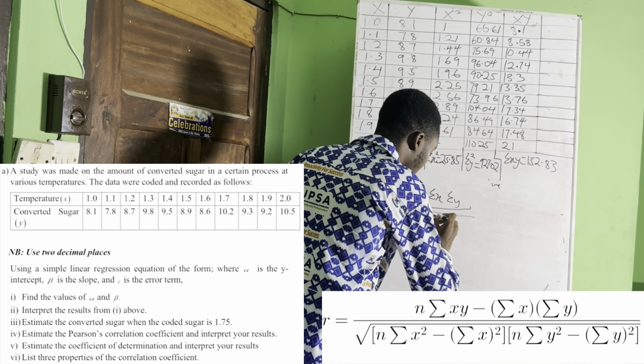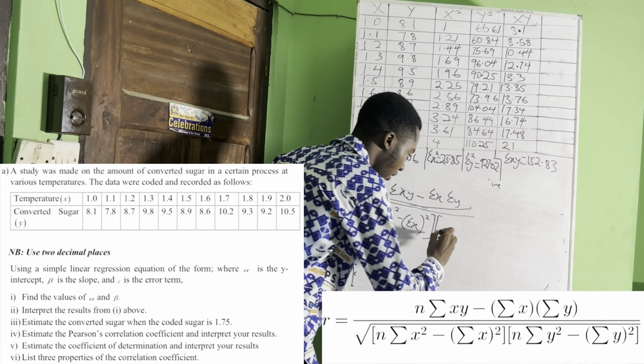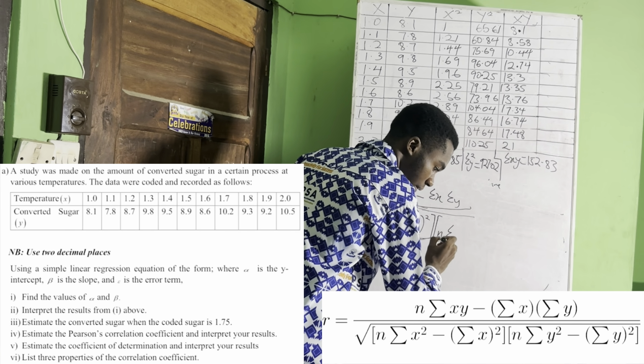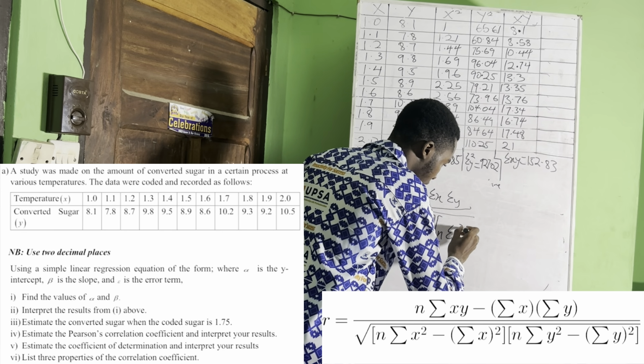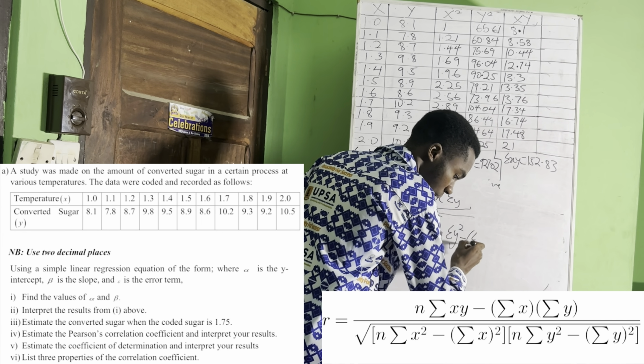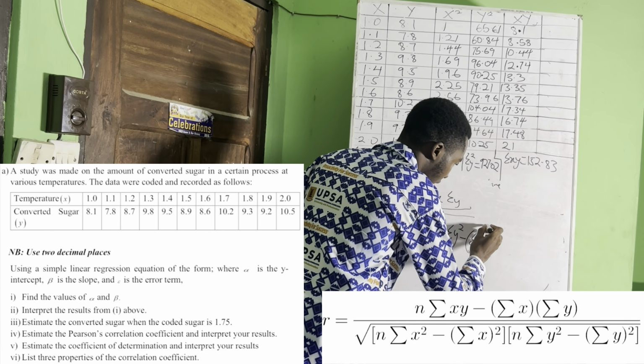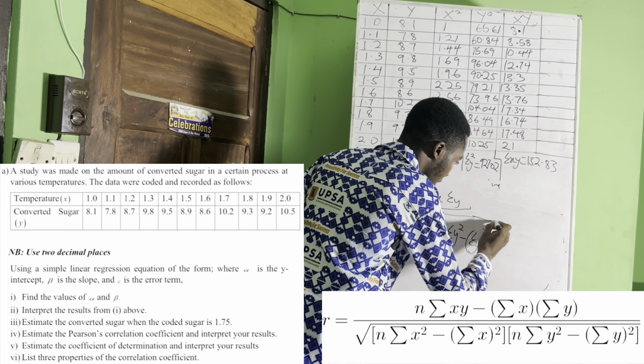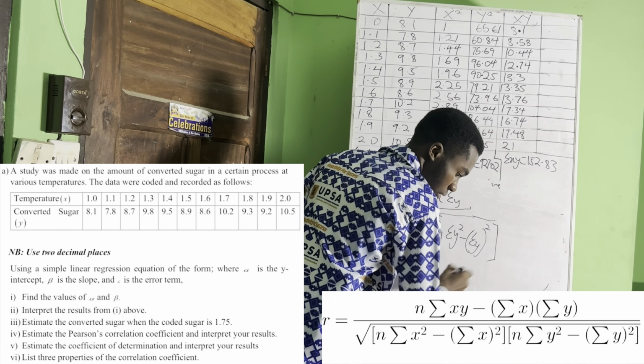Then you open another big bracket, then you have n sigma y squared minus into bracket sigma y, close the bracket, square. Then you close your big bracket.